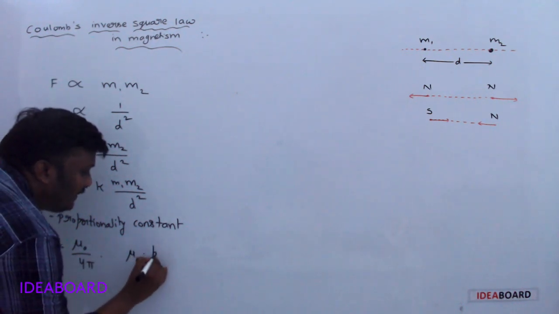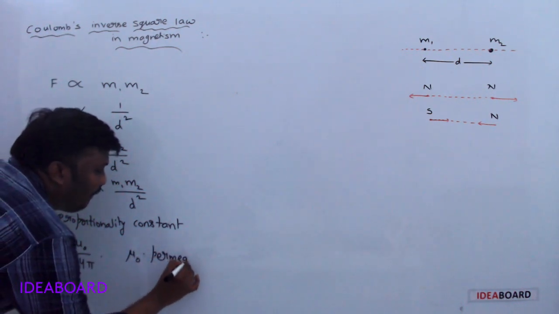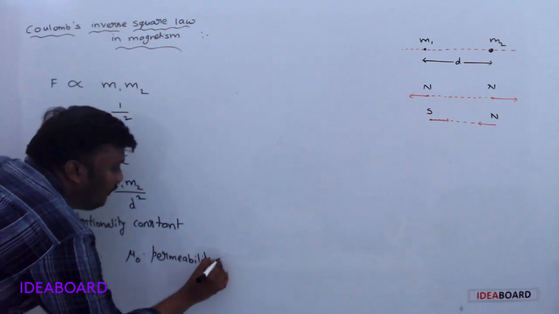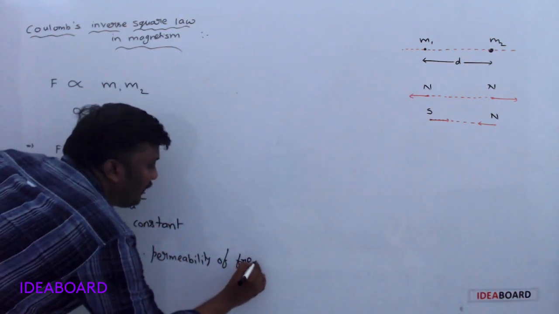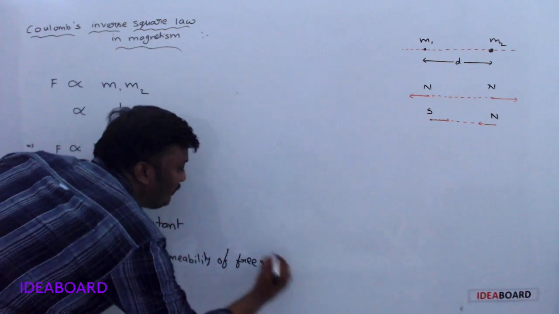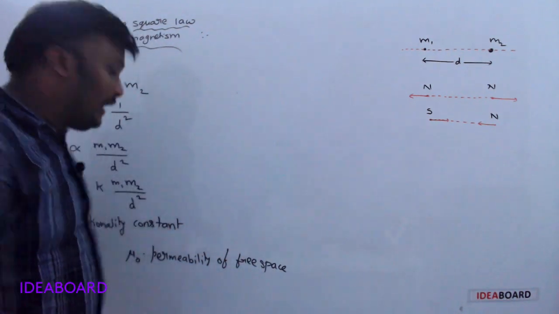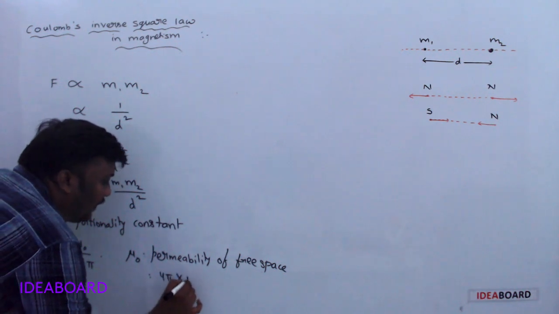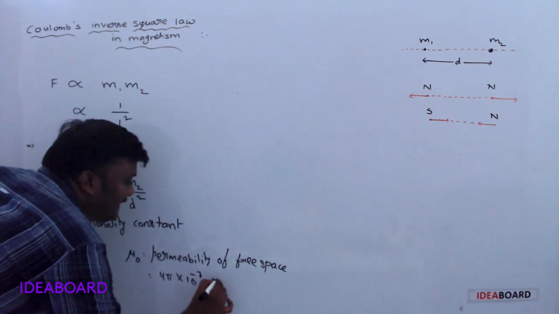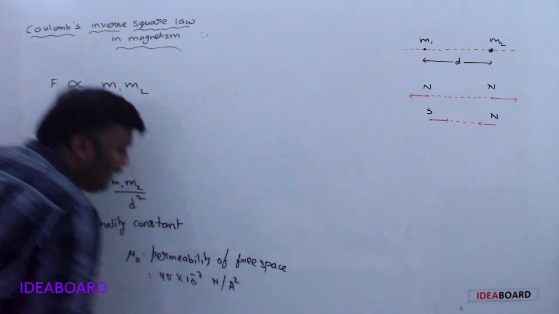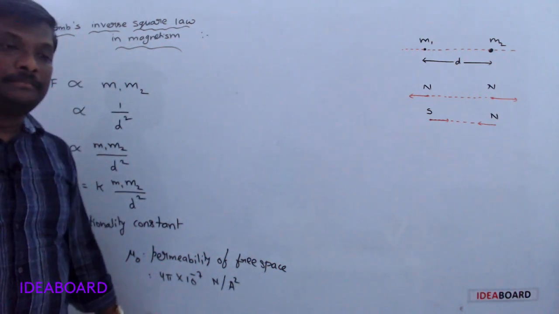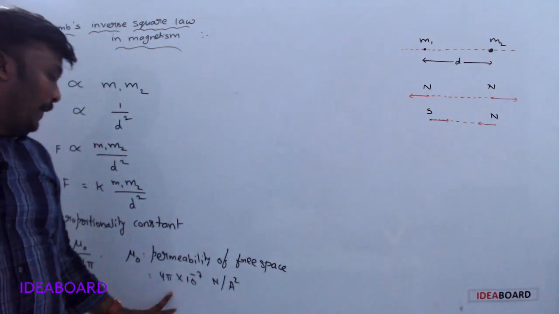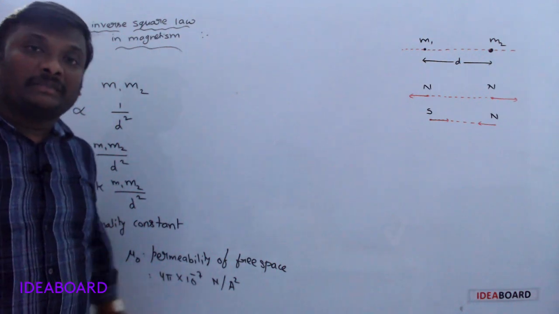Mu naught is called the permeability of free space. This word is very important. Keep in mind the value of mu naught is 4 pi into 10 power minus 7 Newton per ampere square. What is the value? 4 pi into 10 power minus 7.